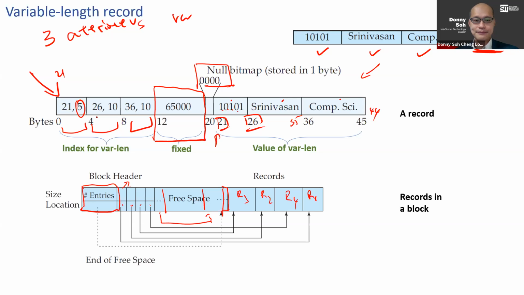I hope this is clear. So this is how one single record is being stored, and below is how various records are being stored in a single block.